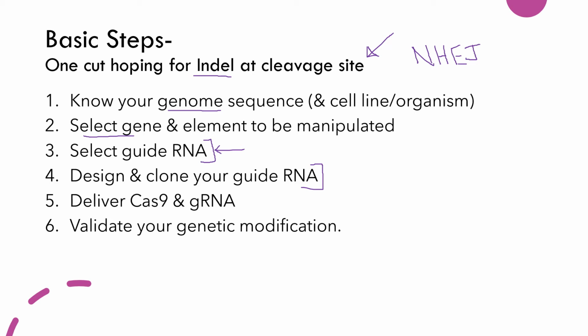I'm going to talk about that in a second. Then we need to get the guide RNA and the Cas9 protein active in the cells. When they're active together, we're going to have a genome, a little guide RNA here, and Cas9 making the cut.